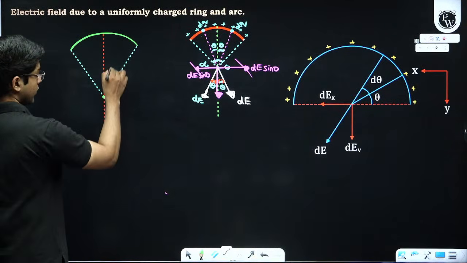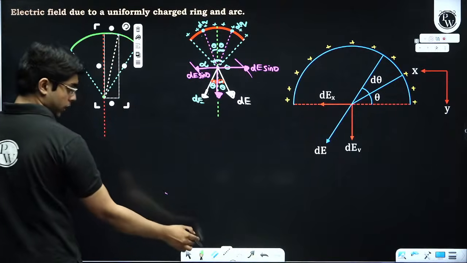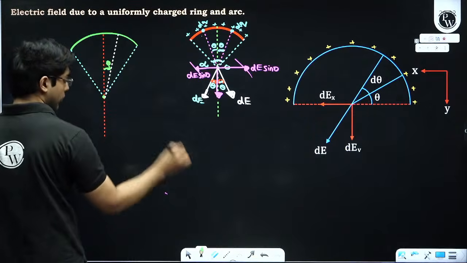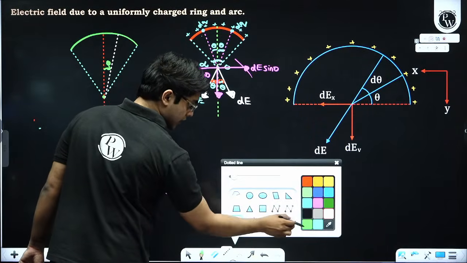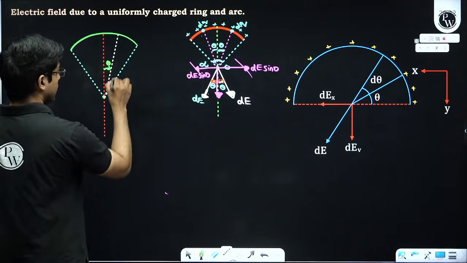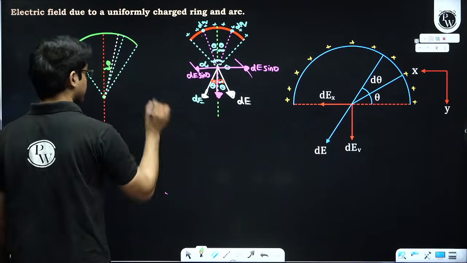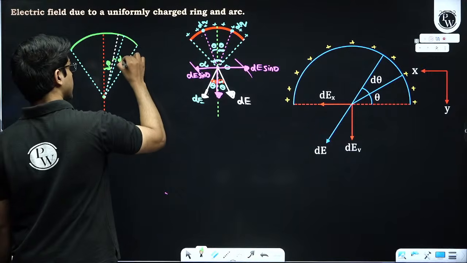Okay. So I'll go an angle of theta clockwise. And I'll take a very tiny angle of d theta as well. I'll go forward a very tiny angle of d theta.